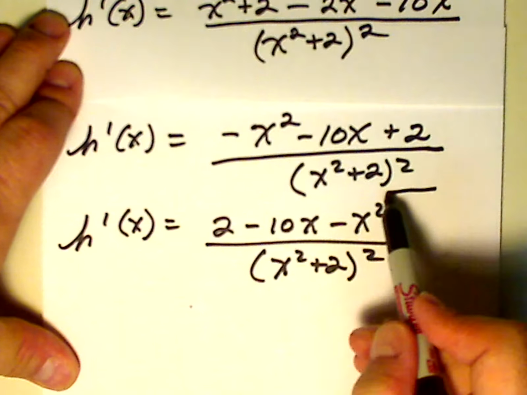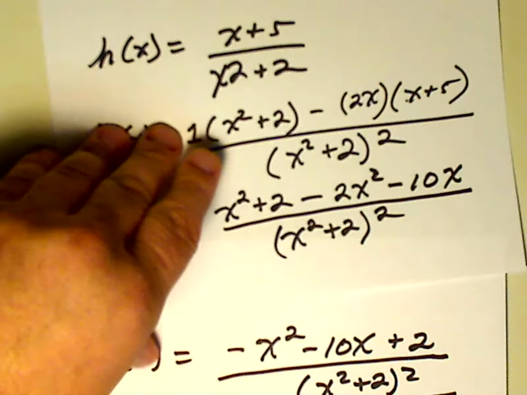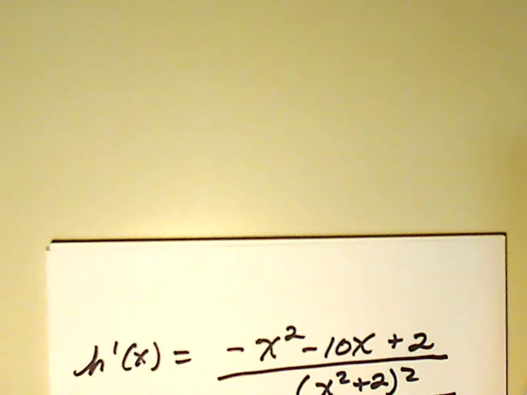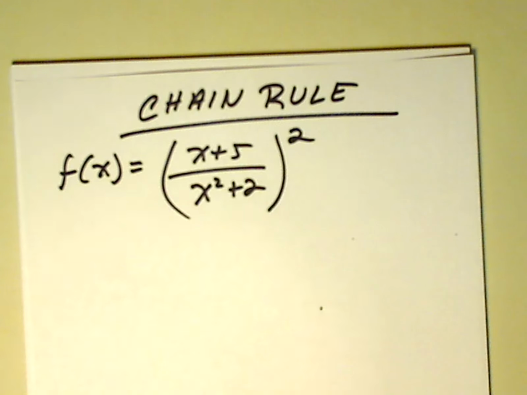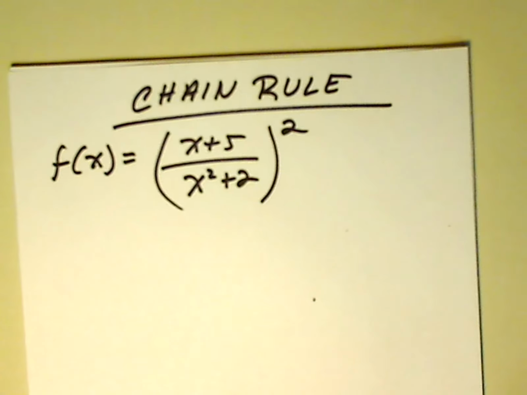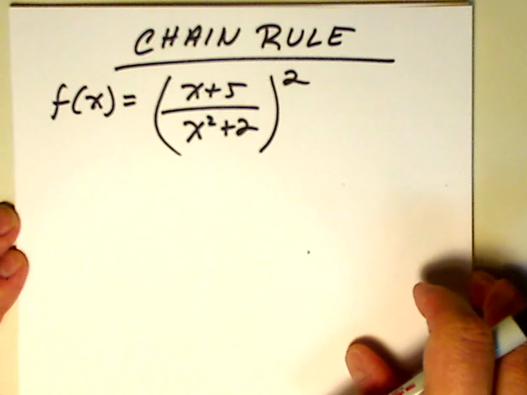So this is the derivative of the quotient in the original problem. Okay?